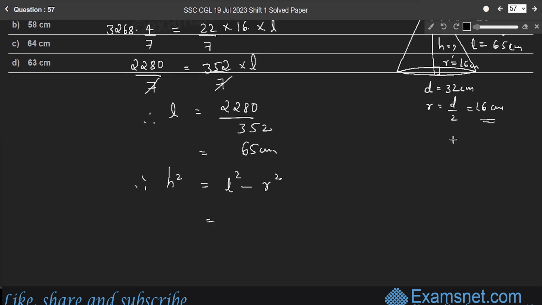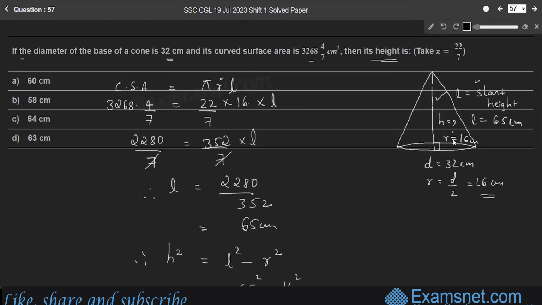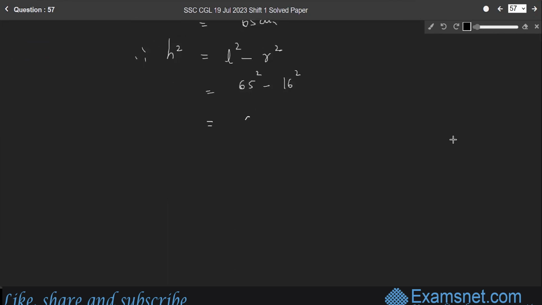Using Pythagoras theorem, L square is 65 square minus R square is 16 square. So which is in the form of a square minus b square, which is a plus b into a minus b. So apply the same formula. 65 plus 16 into 65 minus 16.